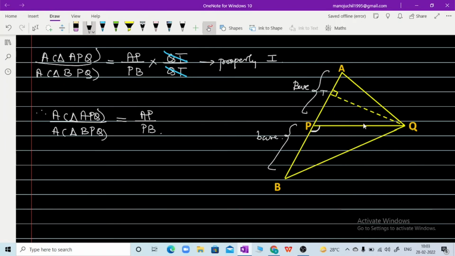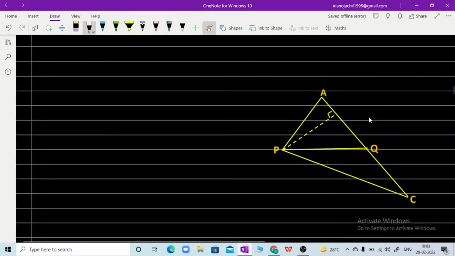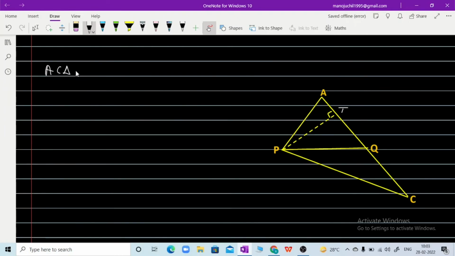Let us see exactly the reflection of it. See, in this particular part, we have again two triangles, APQ and triangle PQC. So if I put it up, area of triangle APQ upon area of triangle PQC. Now for triangle APQ, can I take the base AQ?